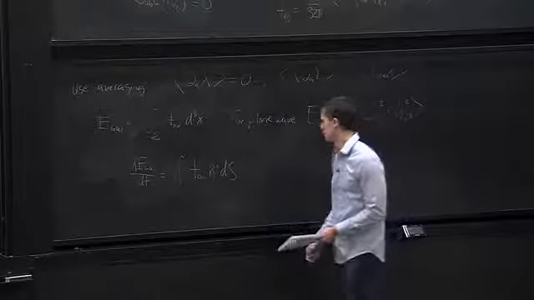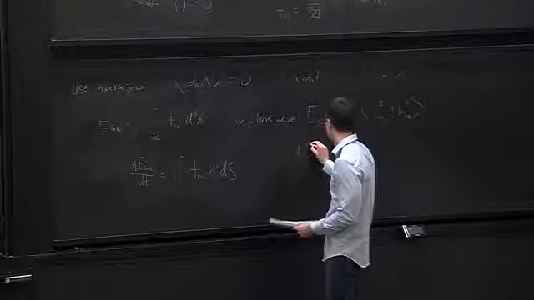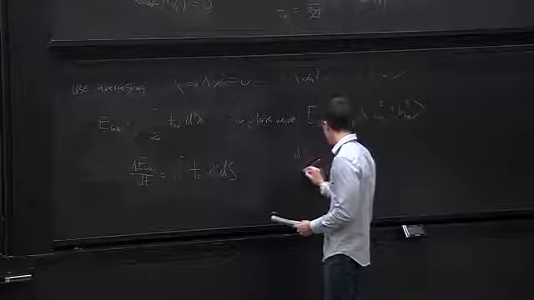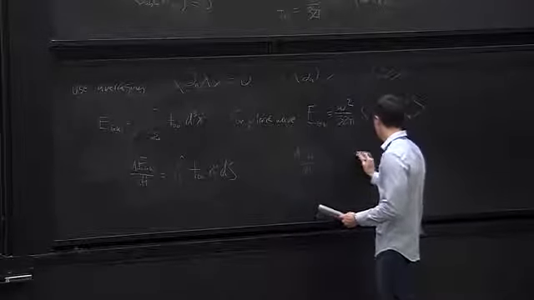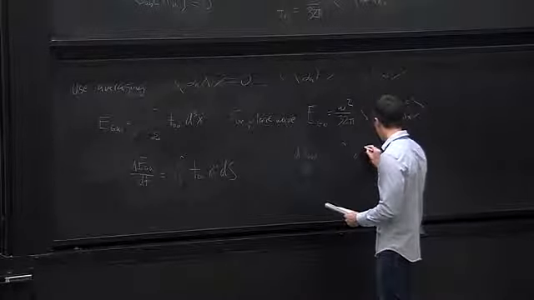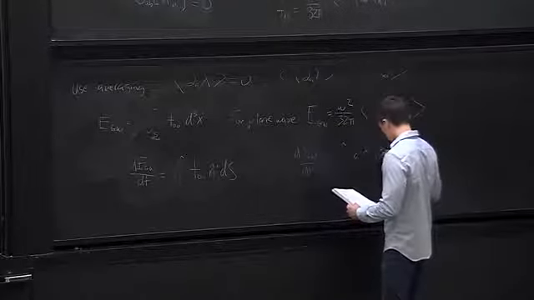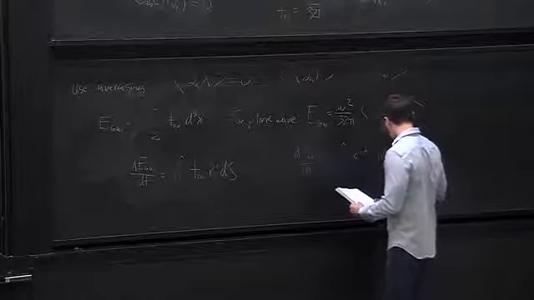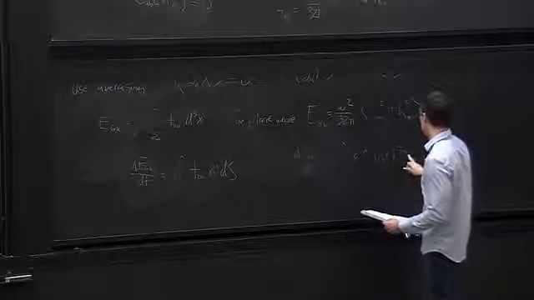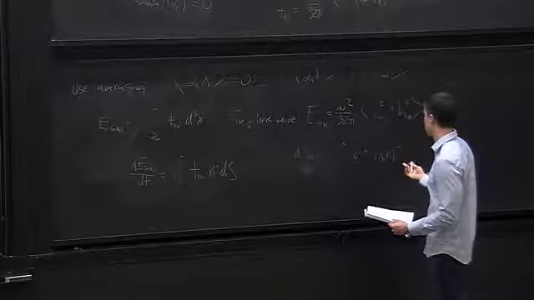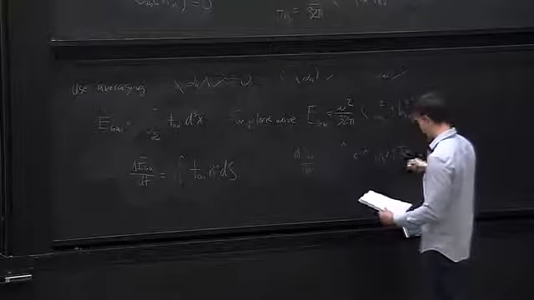Similarly, we can define a flux of angular momentum. This is just basically taking the flux of momentum and taking the cross product with r.